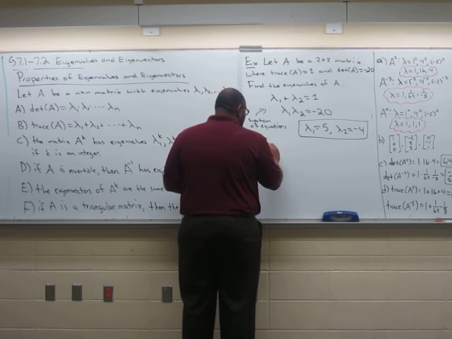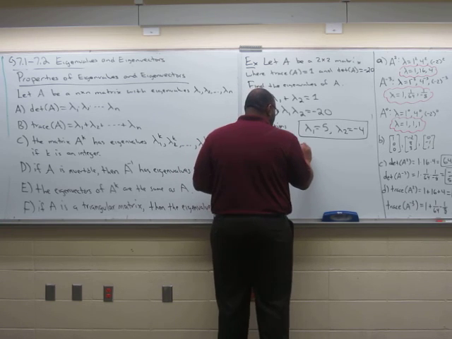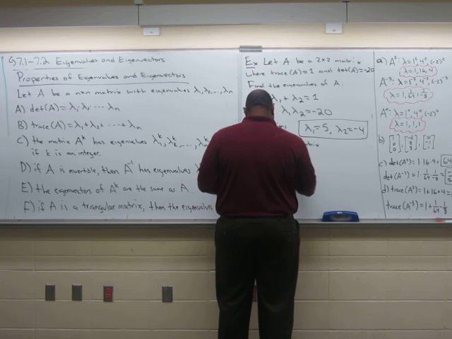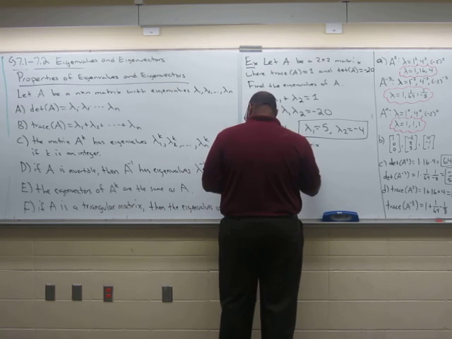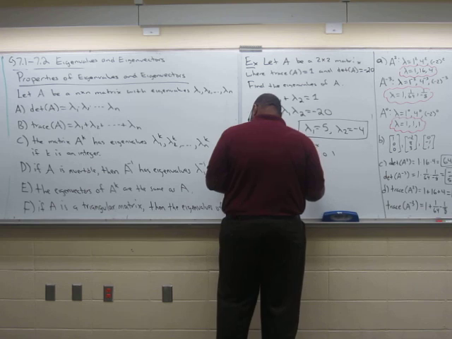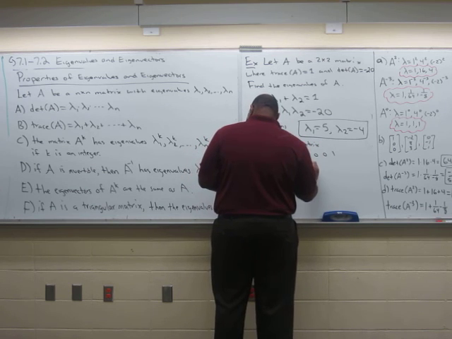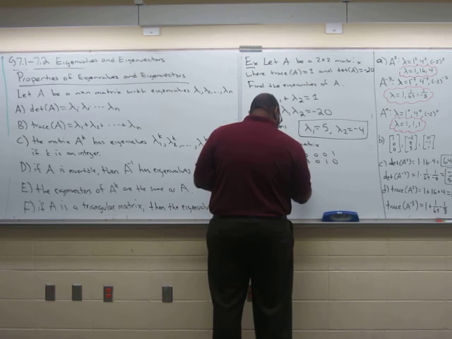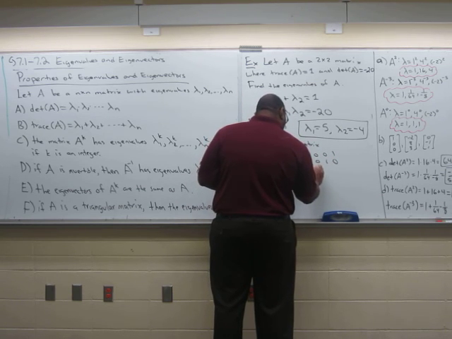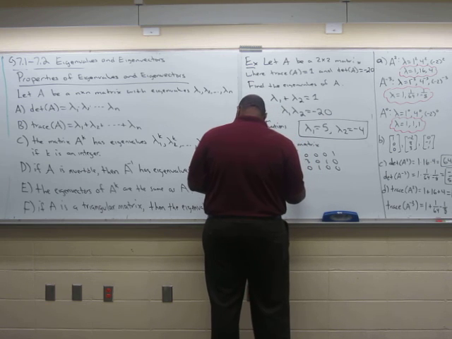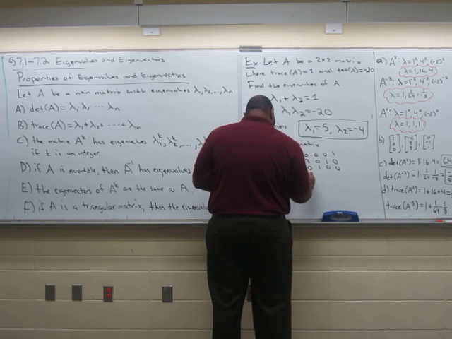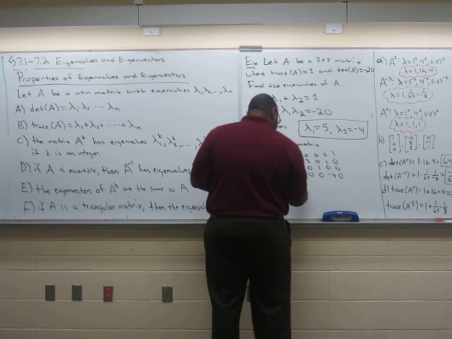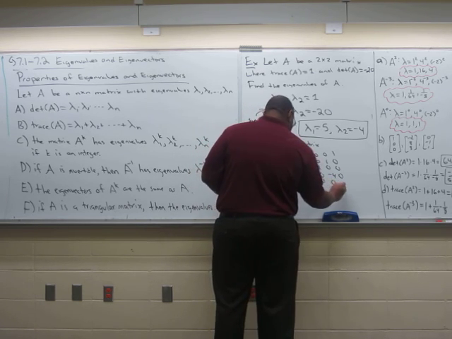For the matrix A equal to the 5 by 5 matrix with rows 1, 0, 0, 0, 1; 0, 3, 0, 1, 0; 0, 0, 1, 0, 0; 0, 0, 0, negative 4, 0; 0, 0, 0, 0, 2.